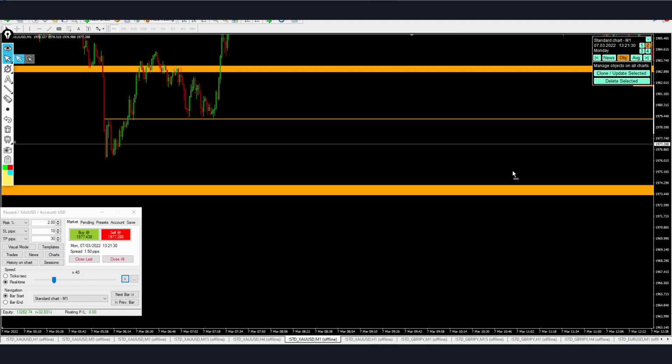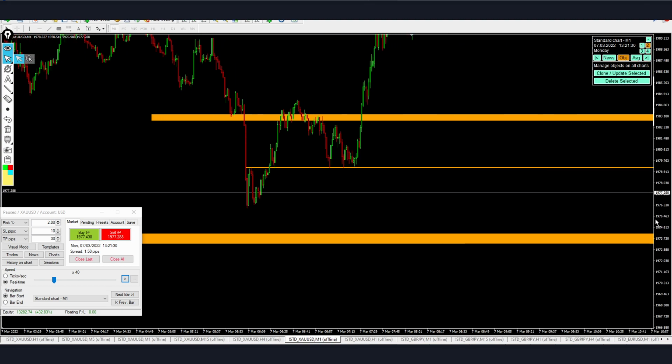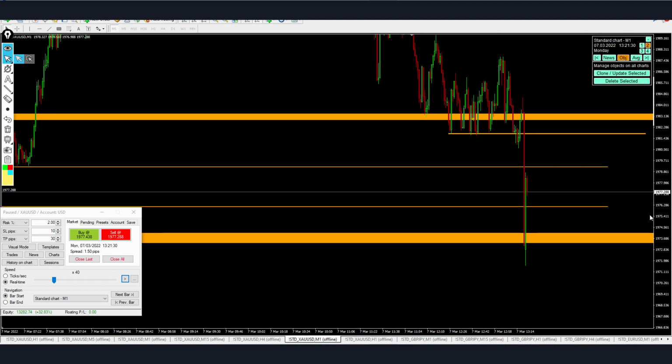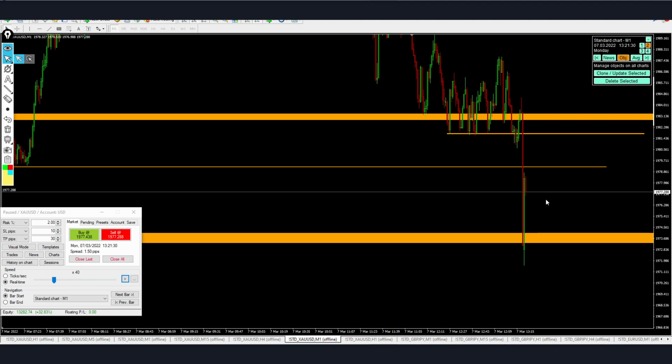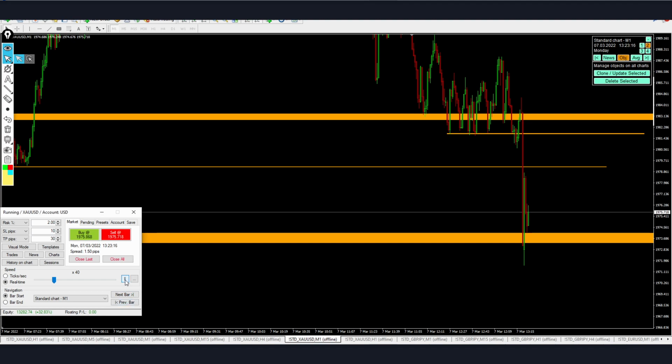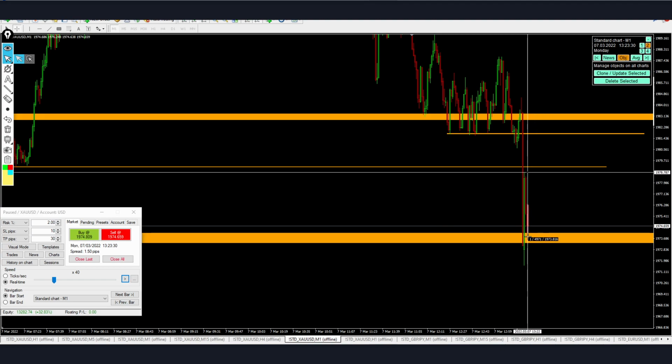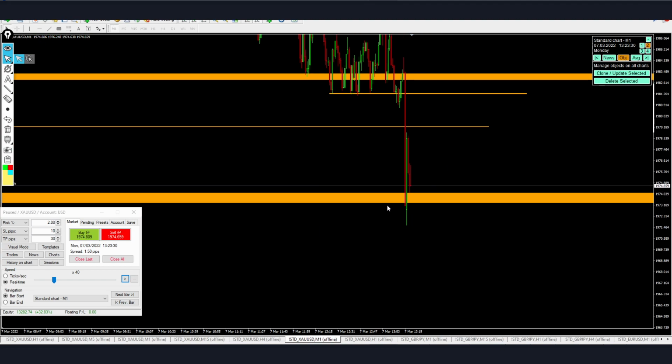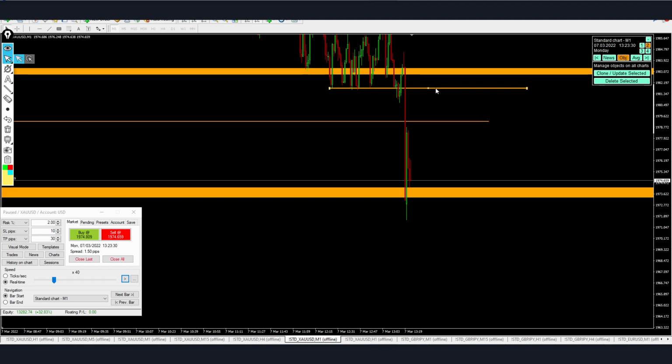Okay, no, I don't really want to trust this area for a possible retest. Don't want to trust it. Should I have trusted it? Why didn't it even retest?